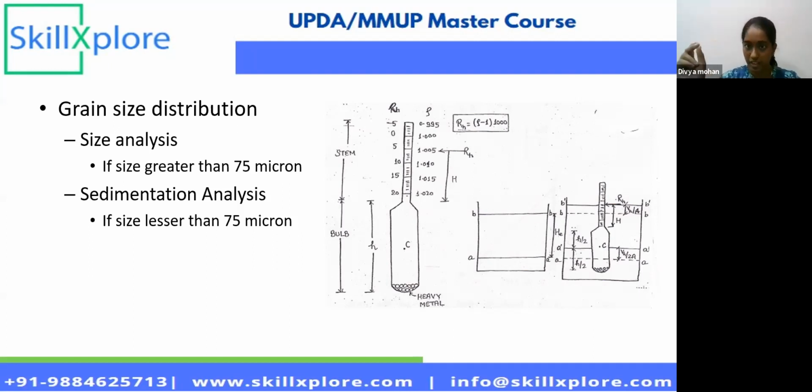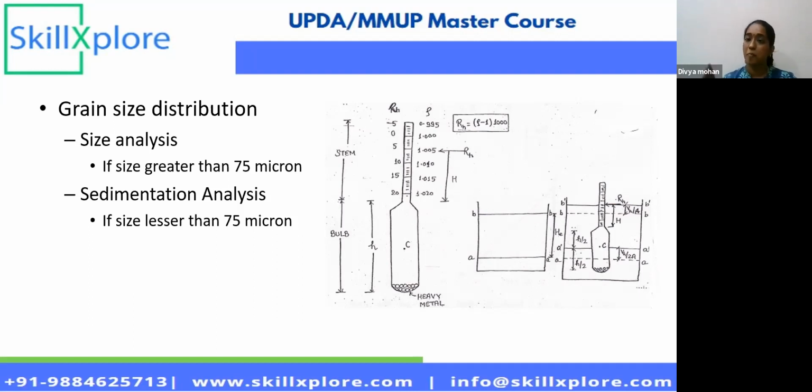It also uses gravity, but the settling velocity is the major driving force in the sedimentation analysis. The sieve analysis will simply vibrate the soil and we take the sieves out. But the sedimentation analysis is meant for soil particles less than 75 micron. Mostly, the sedimentation analysis is done for fine grained soil, and the sieve analysis for coarse grained soil. The fine grained soil may have clay nature or plastic nature.